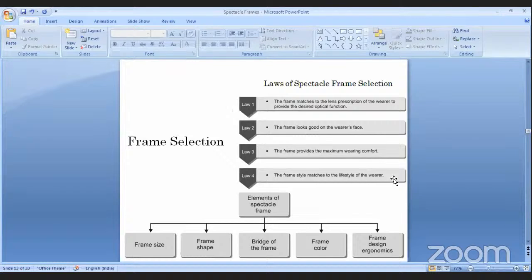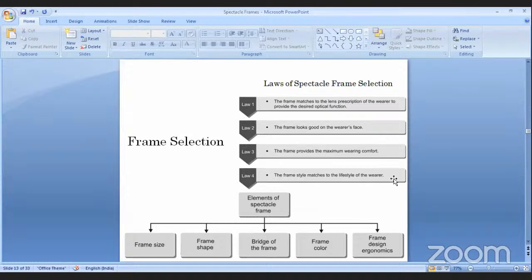For a dispensing optician, frame selection entails much more than just helping a person try on frames. In fact, this is the most important function of the dispensing optician. The secret of success in optical dispensing lies in the art of selecting the right frame for a patient. People often forget that having eyes examined by an expert professional is just one part of the correction.